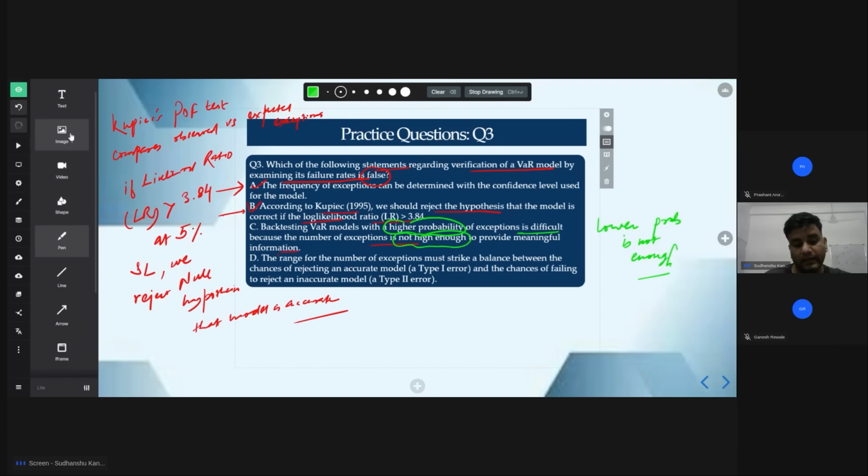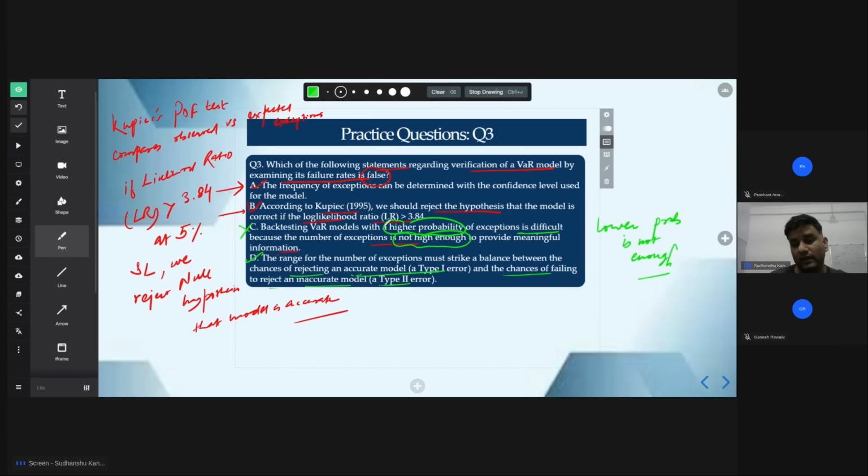Okay. Next is: the range for the number of exceptions must strike a balance between the chance of rejecting an accurate model, type 1 error, and the chance of failing to reject an inaccurate model, type 2 error. We have not studied this, but this is also a true statement, guys.